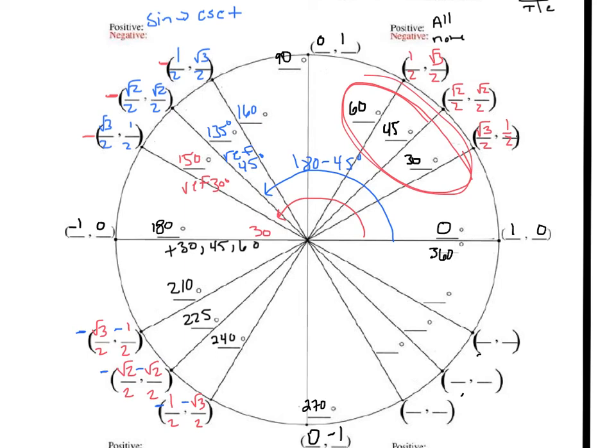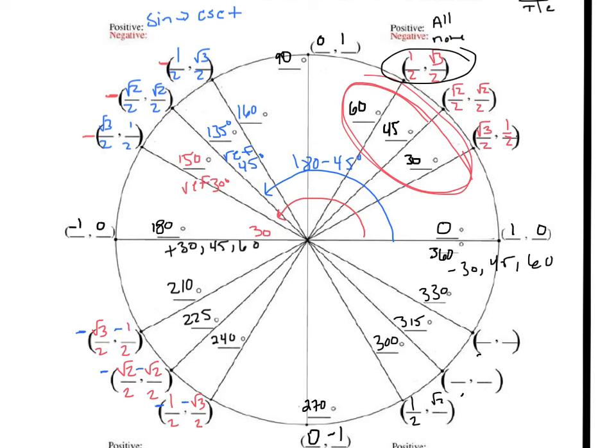So we got 360 here, so I'm going to subtract my reference angle. I'm going to subtract the 30, the 45, and the 60. So that gives me my angles of 330, 315, and 300. So, what was my 60-degree reference angle? 1/2, root 3 over 2.